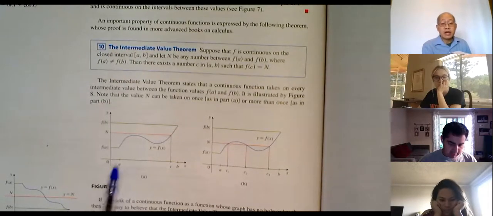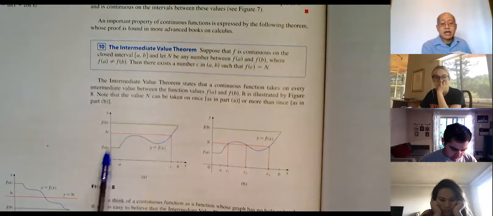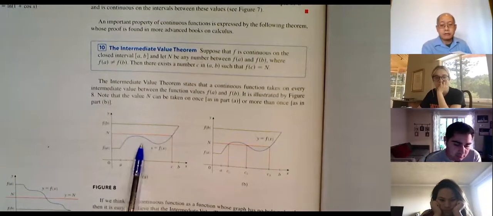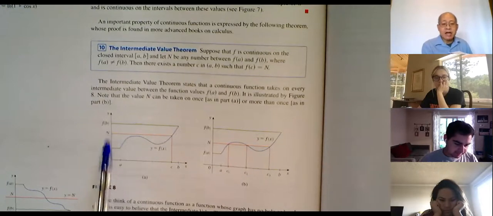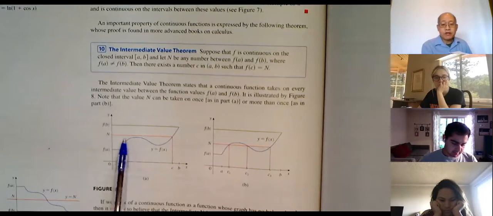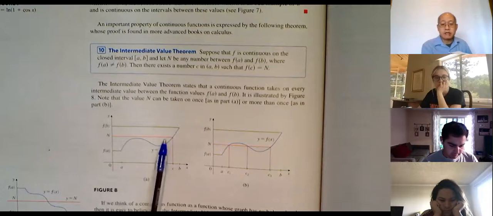So here's a, here's b. A comma f of a, b comma f of b. It's a continuous function. See how it's continuous, right? Smooth, no jumps, no gaps. So what they're saying is let n be any number between f of a and f of b. Somewhere the function value attains n. This is what they're calling c in this picture.